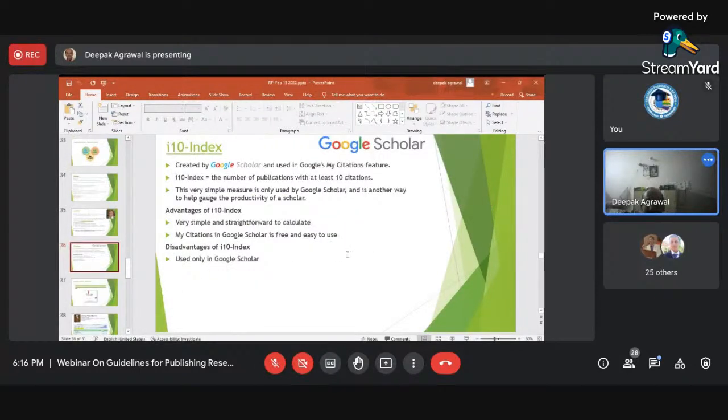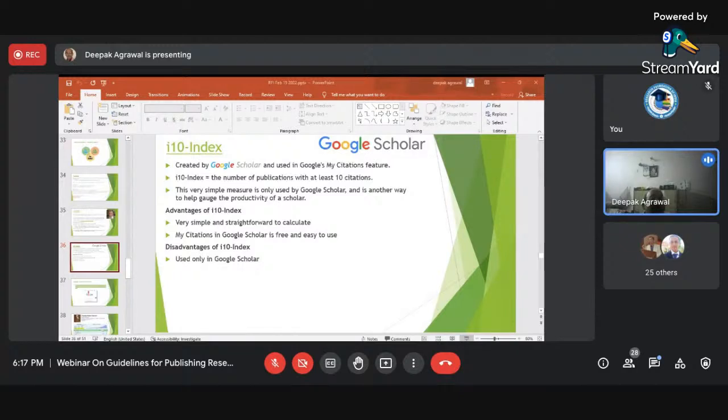The third one, very commonly used and easily accessible, is the I10 index, which has been popularized by Google Scholar. So go to Google Scholar and register yourself. Your earlier citations will automatically be picked up by Google Scholar, and you can check your score over here.